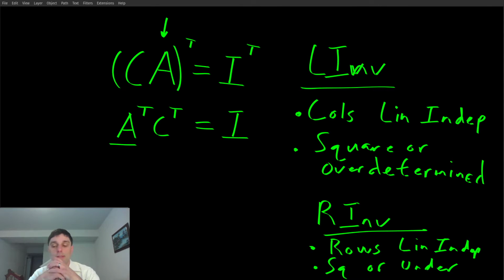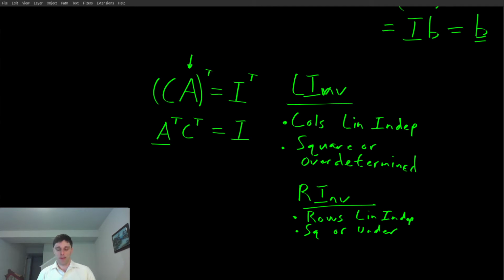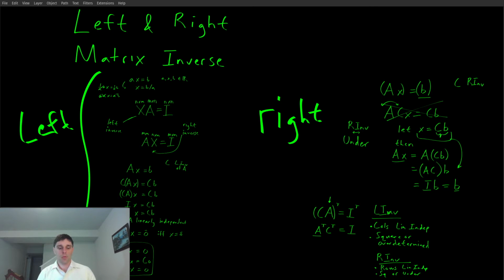Okay, so this is just our first getting our feet wet in the weird world of matrix inverses. And we saw there can be a left or a right inverse here, right?